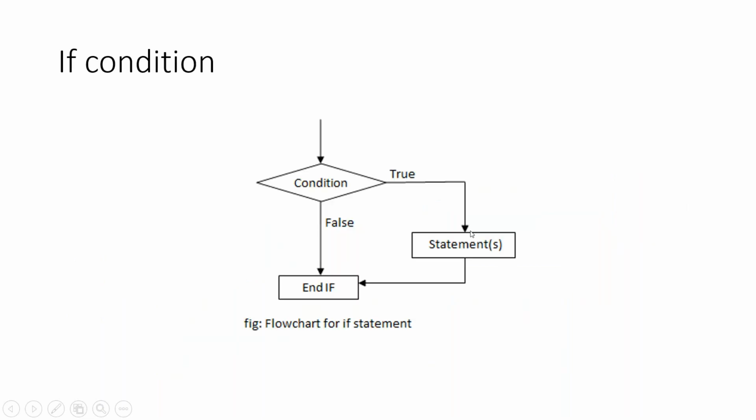What happens in an if condition? Basically there will be a condition. You check if it is true, and only then you execute a particular statement. If it is false, you don't execute that statement, but you come out of that if condition, and then the remaining flow happens.